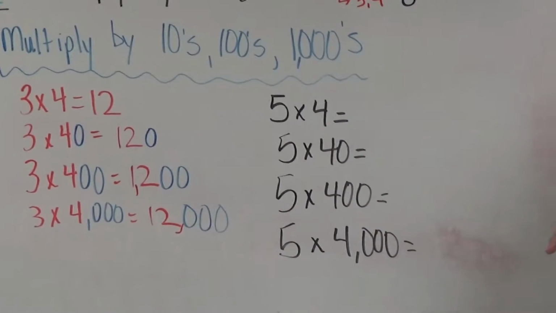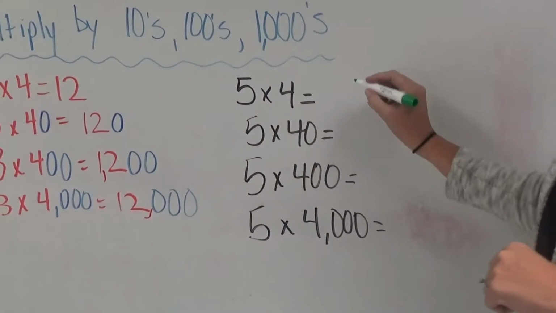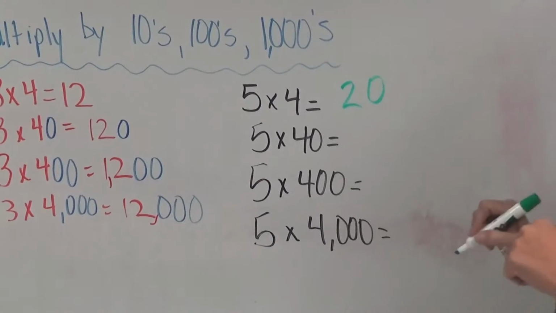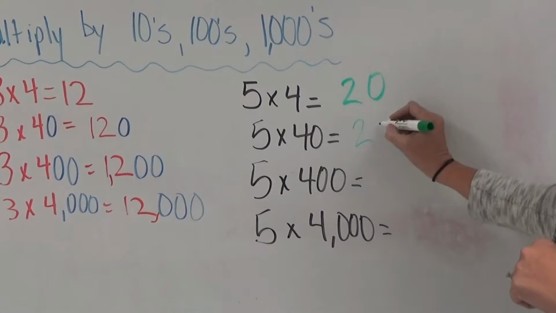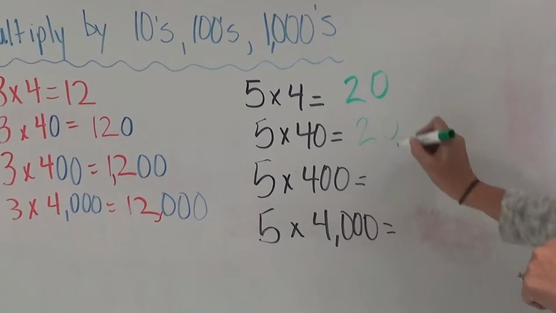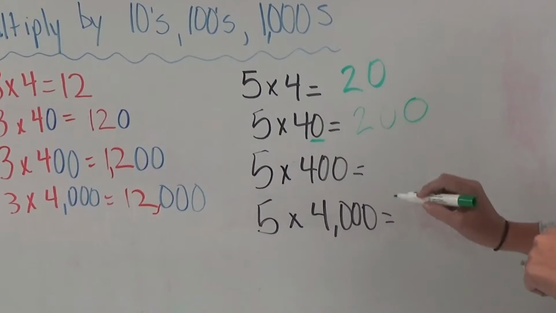So if we're looking here, and this is one thing that sometimes the students struggle with a little bit, is that 5 times 4 is 20. So when we go down here, 5 times 40, a lot of times the kids will say 20 again. But we want to make sure that we're adding that 0 on there. So it's 200.